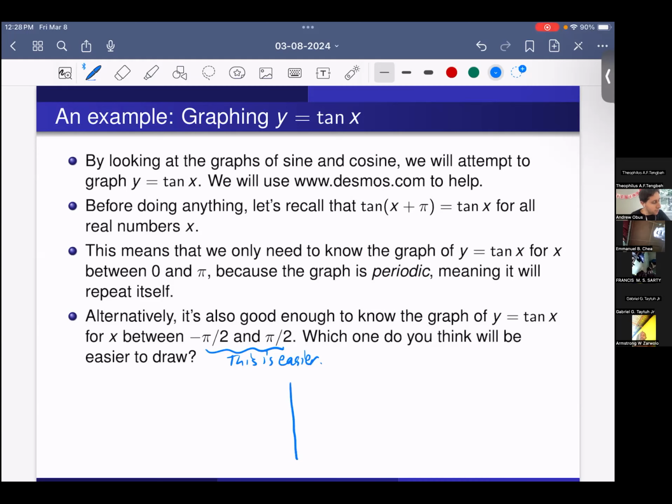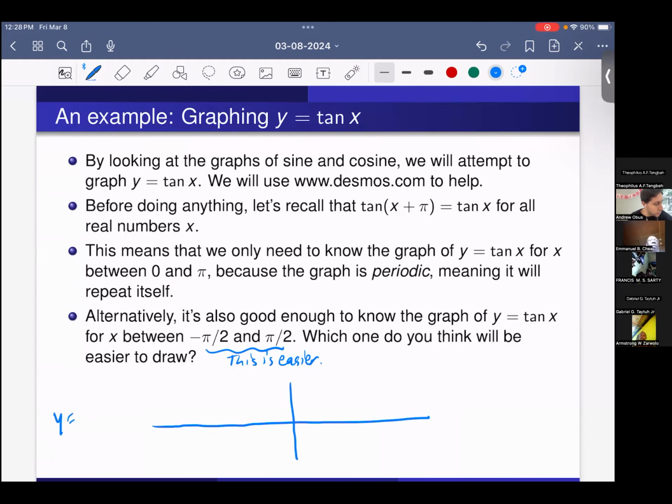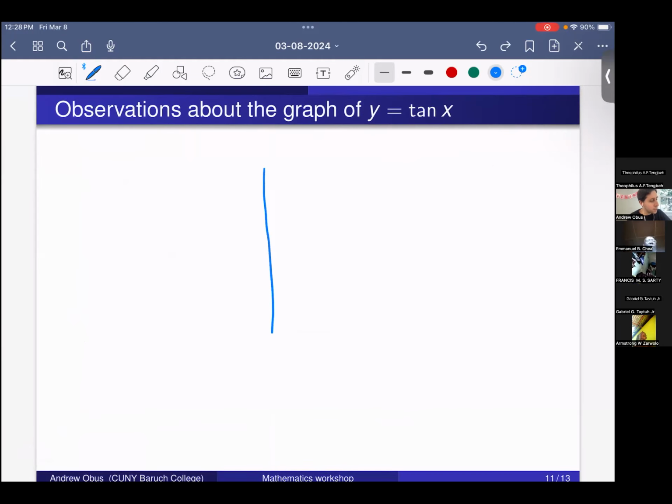Because what happens here? What happens if I try to do the graph of y equals tangent of x? Well, let me put pi over 2 here and minus pi over 2 here, right?